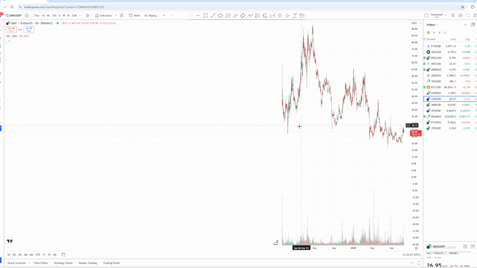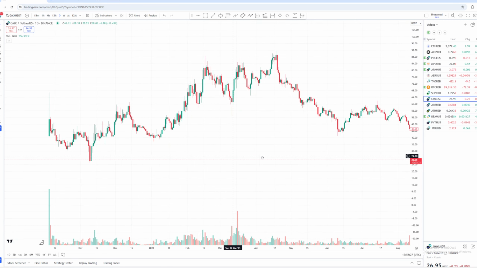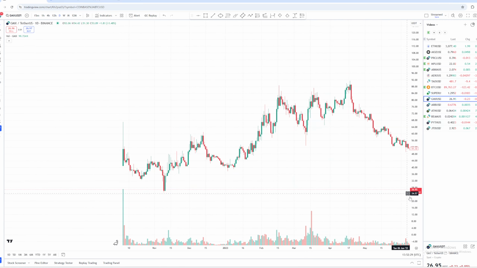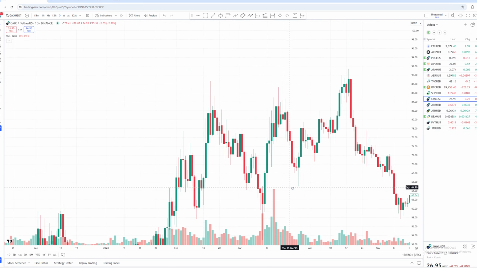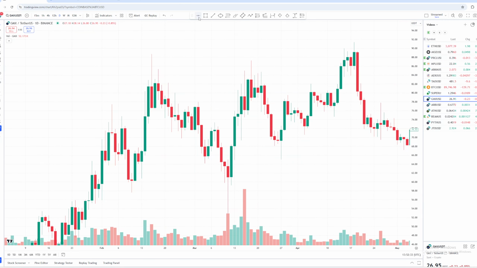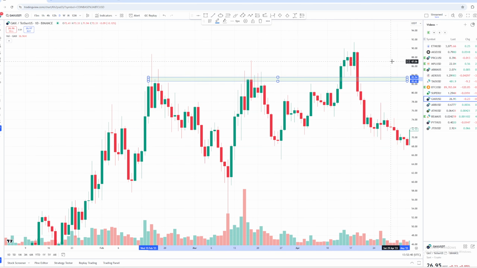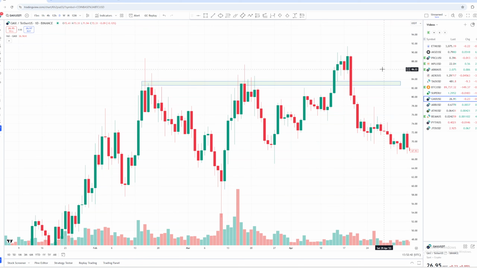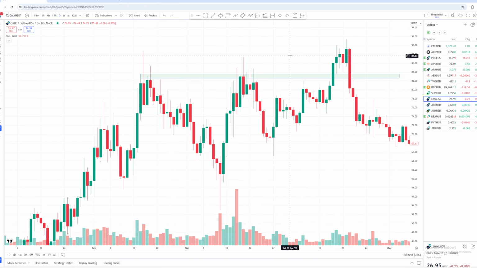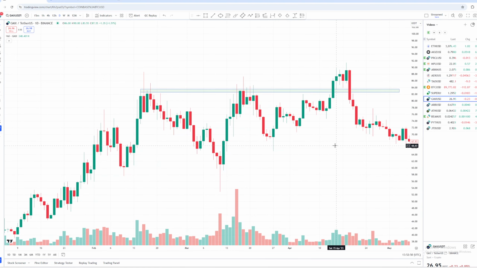So in the case of GMX, I was adding through here, but more specifically, I want to show the all-time high breakout. At this stage, crypto was still technically in a bear market. And GMX was a project, still is, that is a perpetual DEX. It looked very sound fundamentally. And I was kind of having a big bias on it.